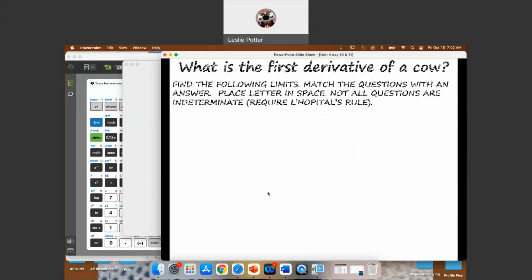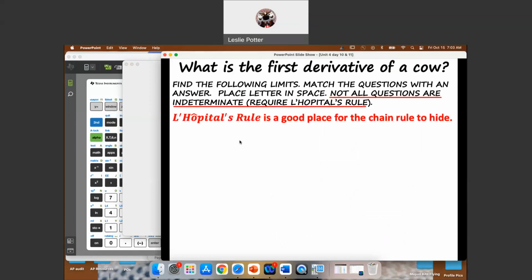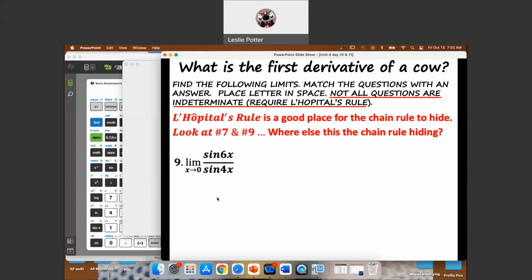Okay, let's take a look at number 9. So, still looking for that hiding place for the chain rule. Where's the chain rule hiding here? We can see that we have a sine, and we don't have brackets here, but we should think of it as brackets. We have sine times the quantity 6x.